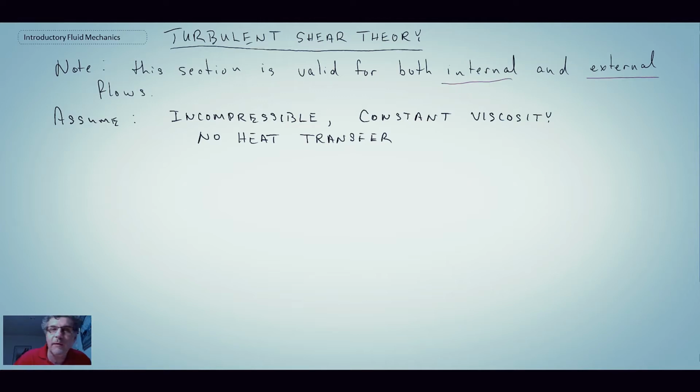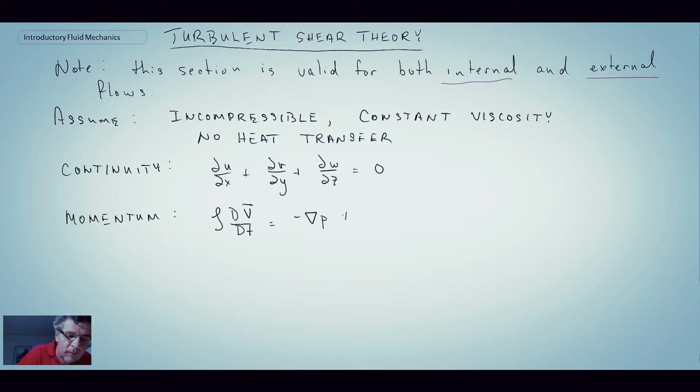And we're going to begin with the governing equations, continuity and momentum, as well as boundary conditions. And the boundary conditions that we apply, no slip at the walls. And no inlet and exit conditions.